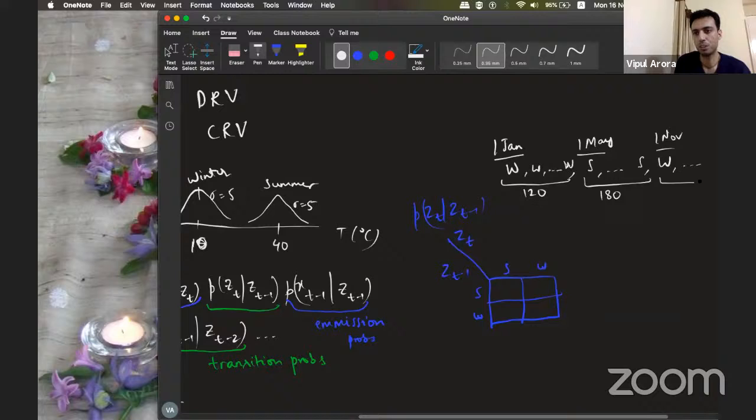And then winters, November, December, 2 months, so 2 into 30, 60 days. So we have ended up with 360. We are short of 5 days, that is all right. Just ignore those or add them here. So this is our observation. Now, can you tell me what should be the values of P(Z_t | Z_{t-1})?